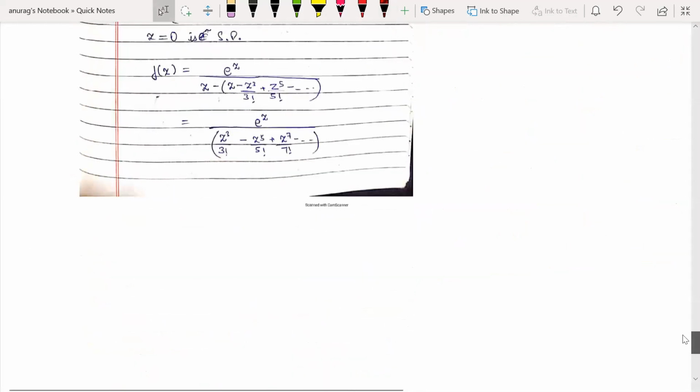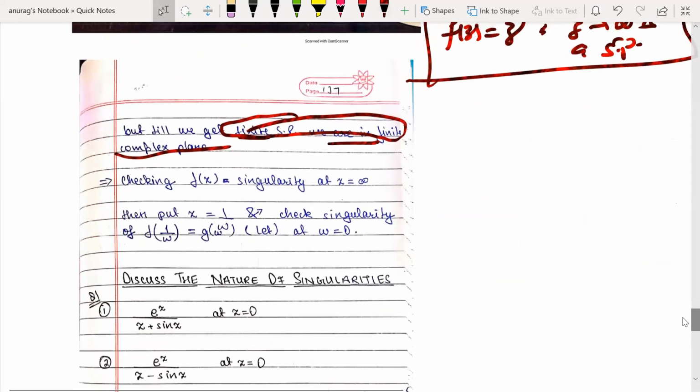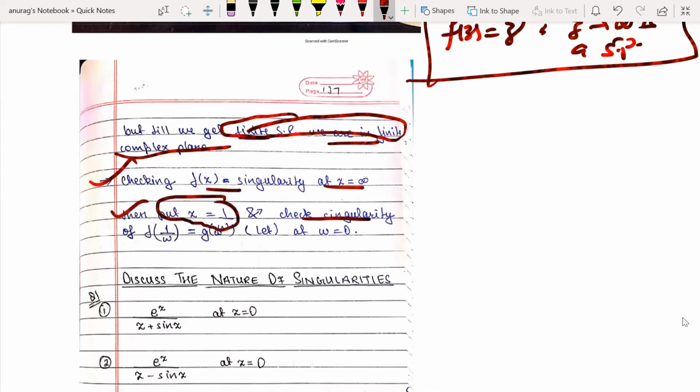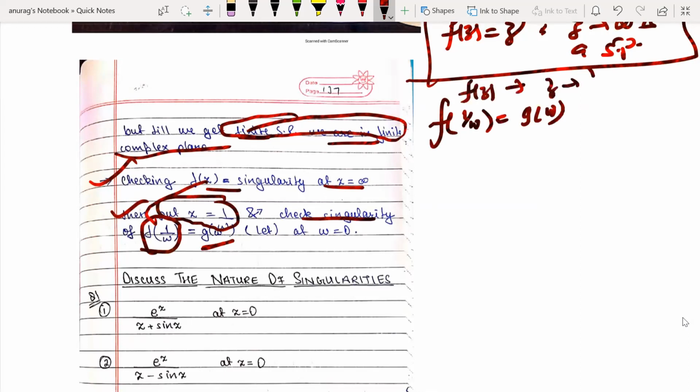So suppose you are checking singularity at z equal to infinity. This way is very simple. For the singularity of f(z) at z equal to infinity, put z equal to 1 over w and check the singularity of f(1 by w), because you have replaced z by 1 by w. Suppose this is a new function f(1 by w) equal to g(w), and previously it was f(z) and we just replaced z by 1 by w.